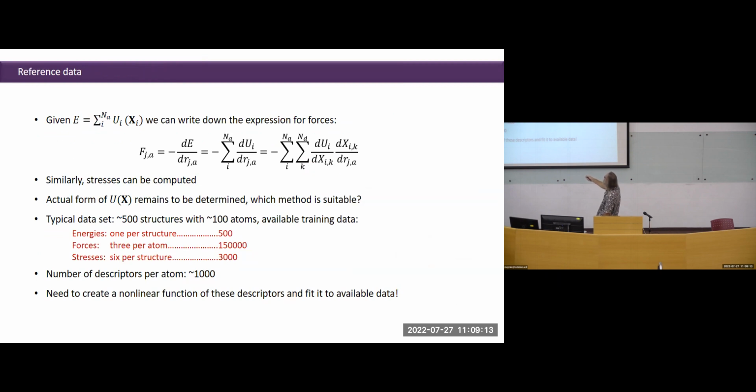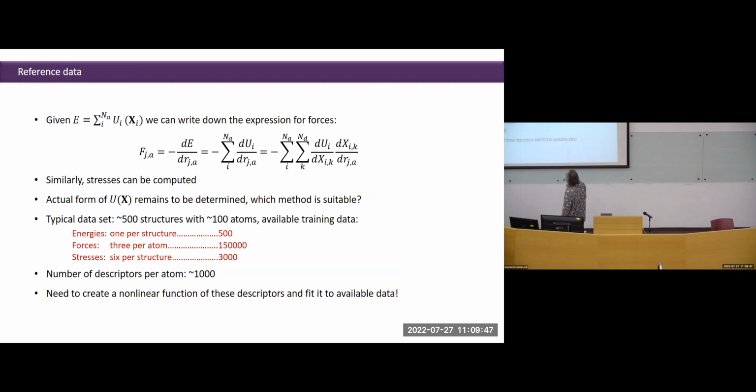We can take the derivative of this total energy with respect to the position of an atom in a certain structure, so atom J in structure A, and going through the chain rule, from this expression of the total energy, we can get forces, we can get stresses. Of course, we have not said what the actual form of these local energies would be. So what would be a suitable form to assume for that?